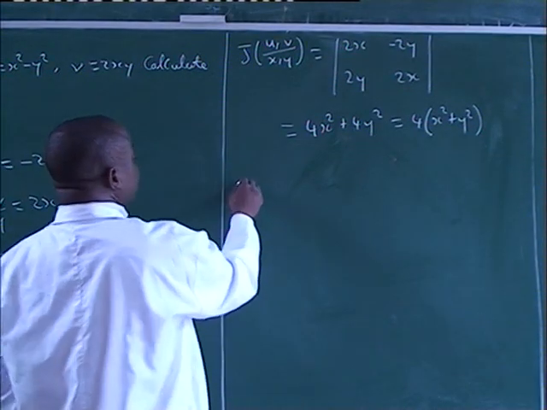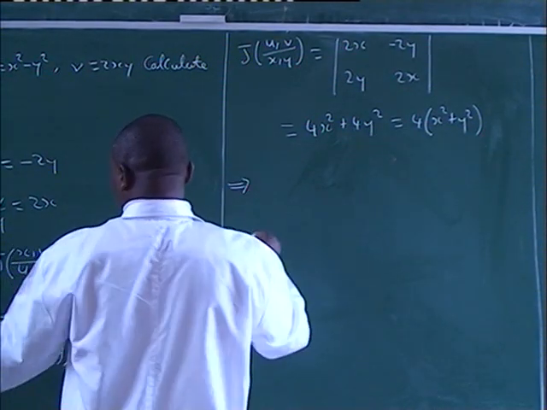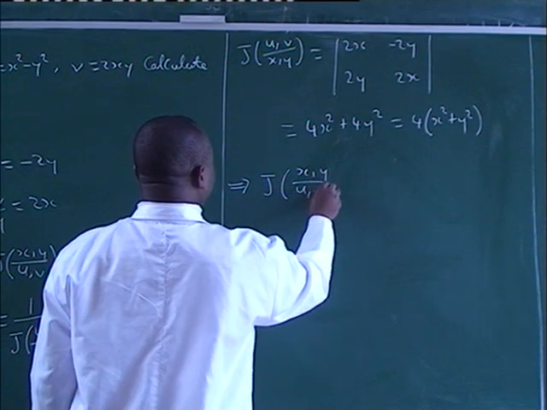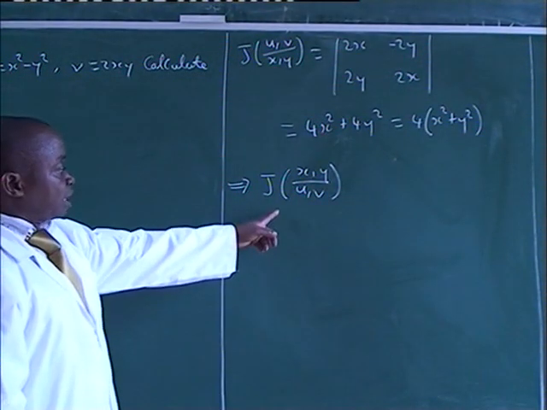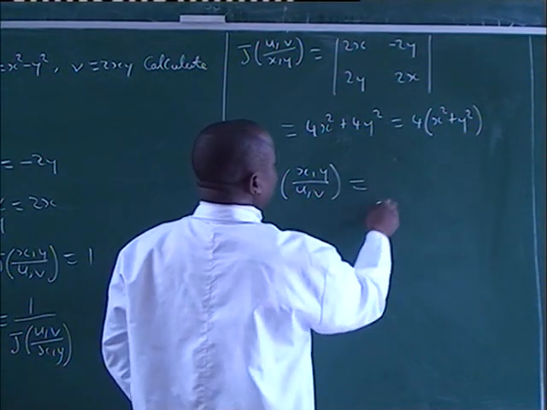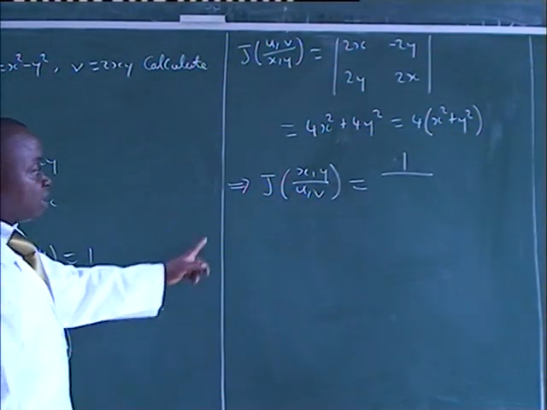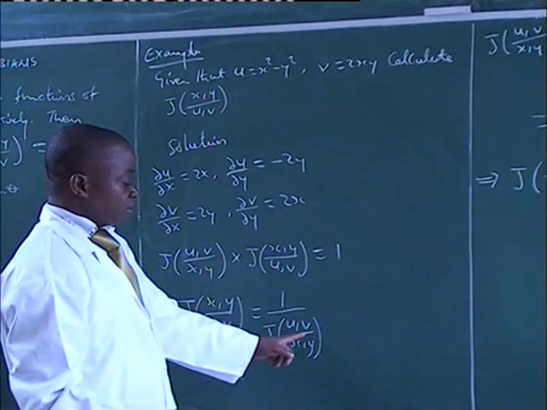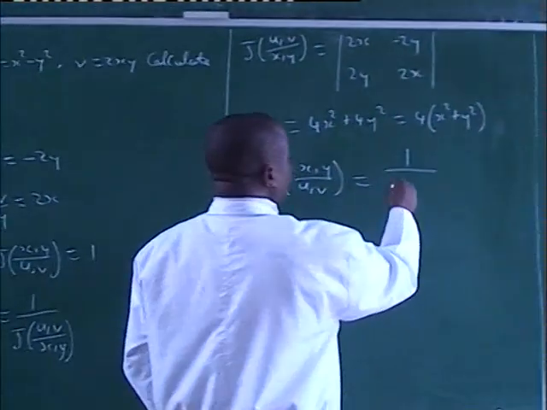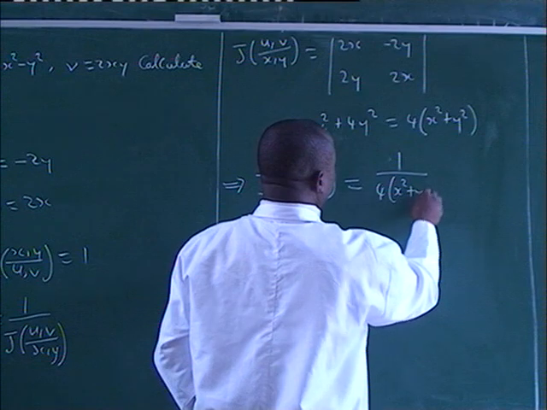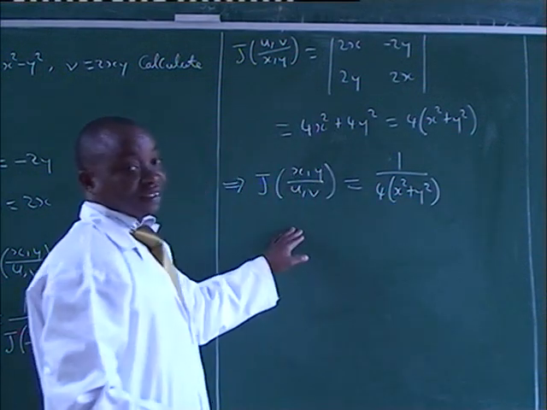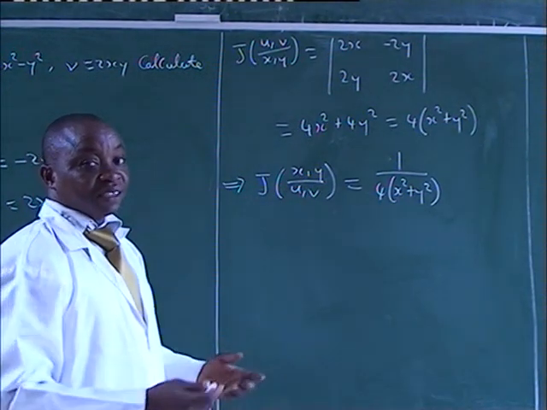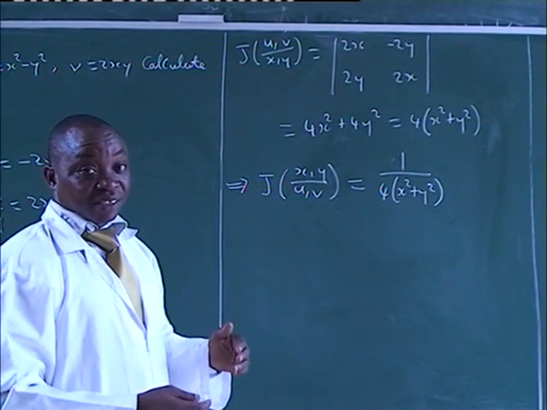So it means that the Jacobian of x and y with respect to u and v that we need is the same as 1 all over the Jacobian of this, so the same as 1 all over 4 times x squared plus y squared. So that is the Jacobian of x and y with respect to u and v. So it's very simple to deal with that property of Jacobian.